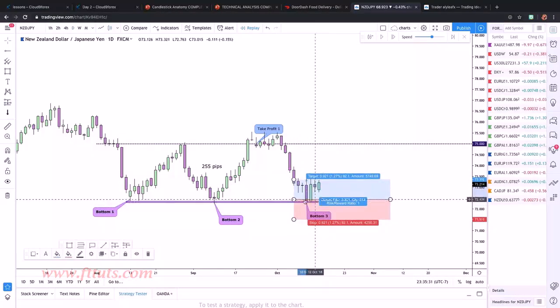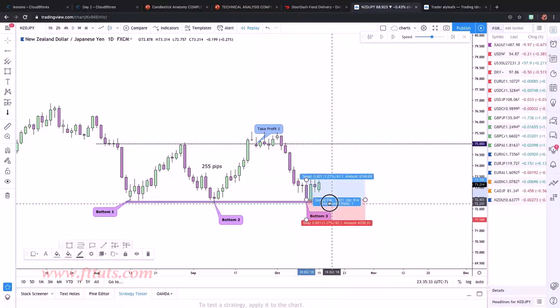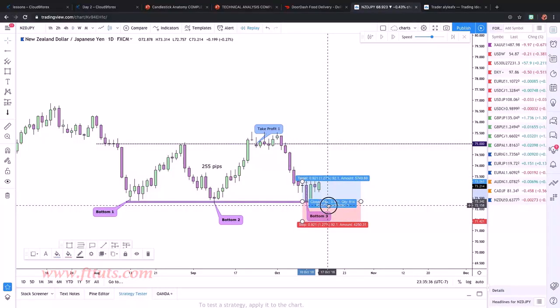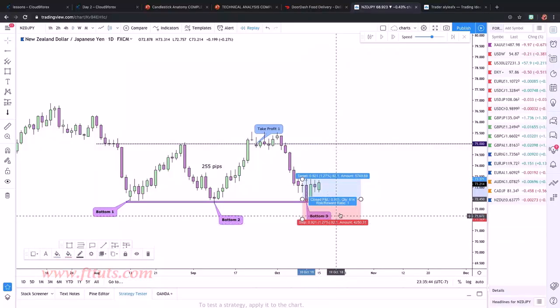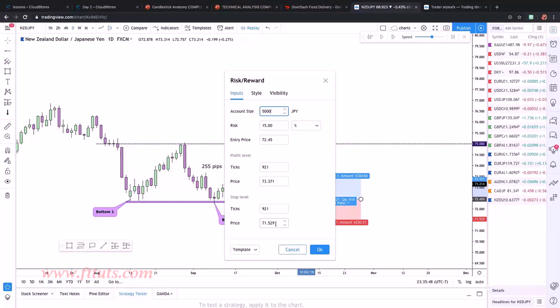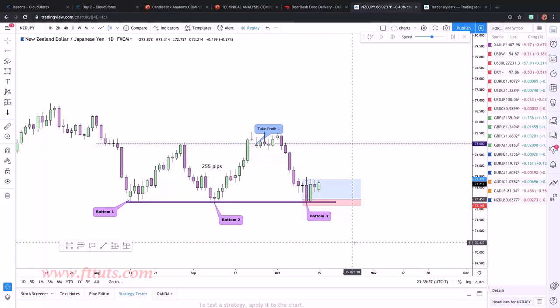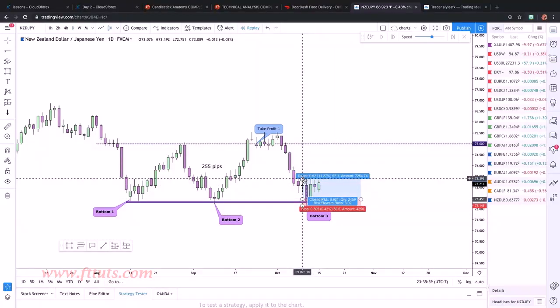Oh, I hate when it does that. So 450. And 72,145. So we're risking 30 pips.